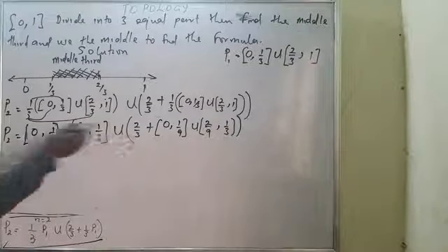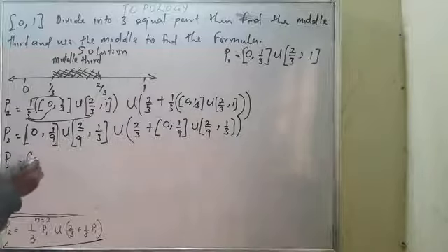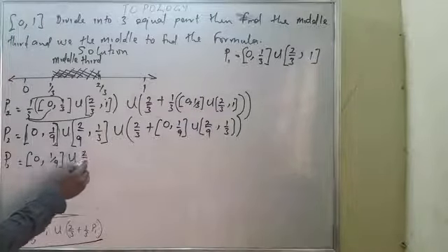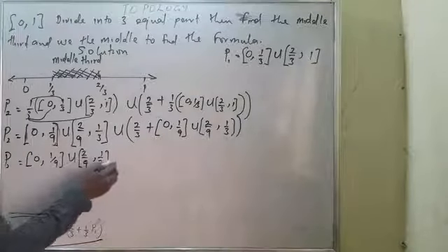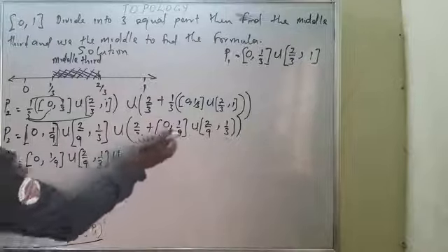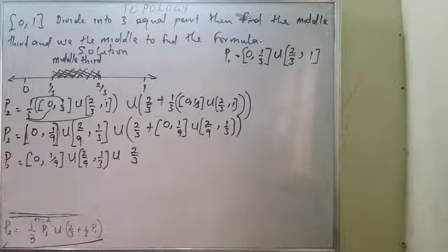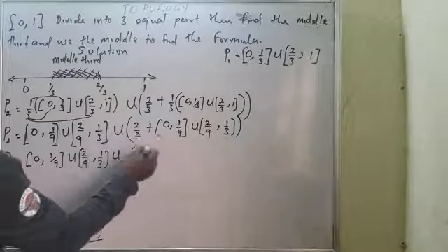It's only this side I'm having problem with. P2 will be equals to 0, 1 all over 9, junior, 2 all over 3, 1 all over 3. This plus this, I have 2 all over 3. This plus this will be 7 all over 9.